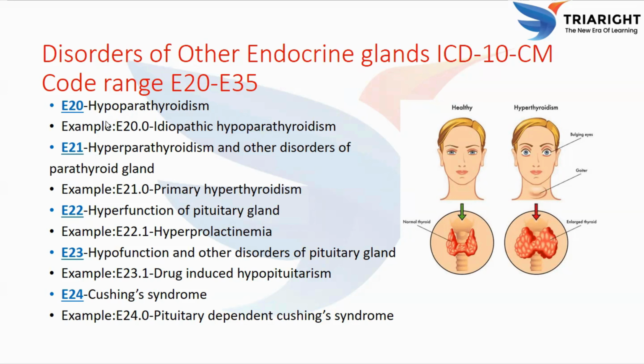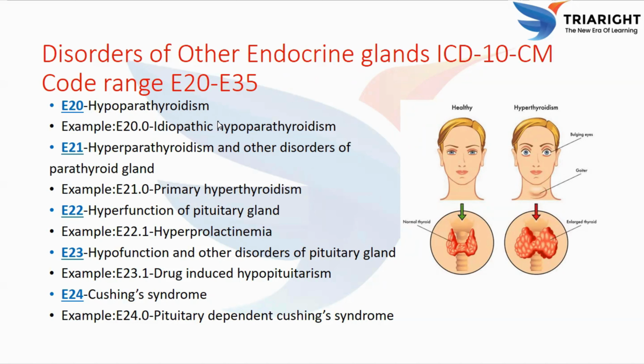E20. So what is E20? Hypoparathyroidism. Whenever a patient is diagnosed with hypoparathyroidism, the ICD-10 E20 code must be assigned for this condition. For example, E20.0 is idiopathic hypoparathyroidism. What do you mean by hypoparathyroidism? It's a low activity of the parathyroid glands leading to low calcium levels in the blood.